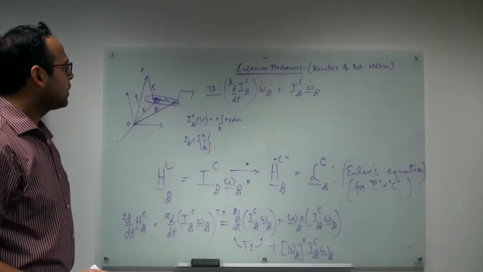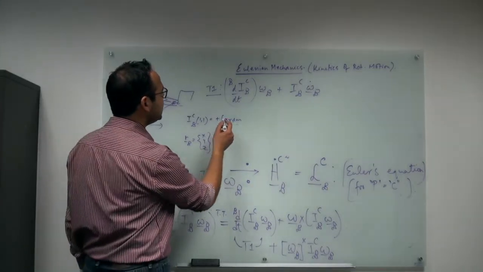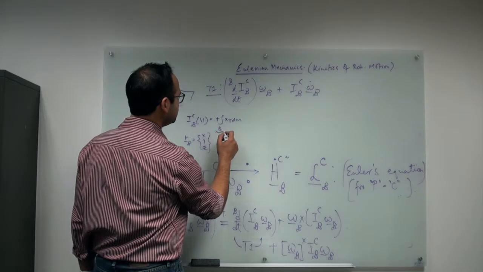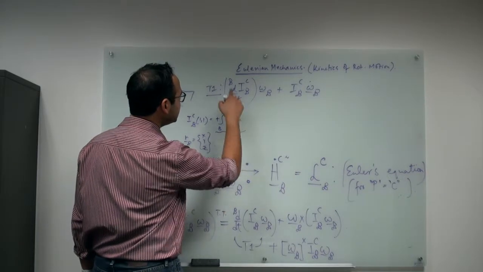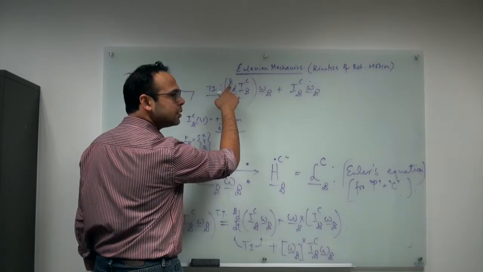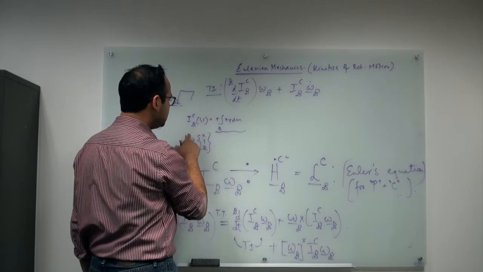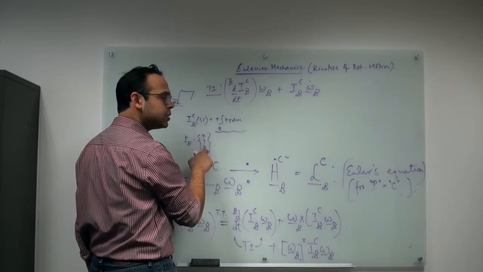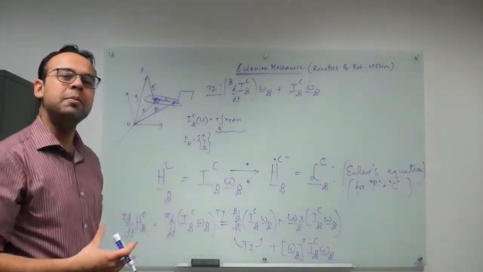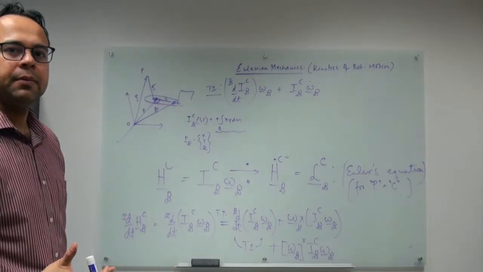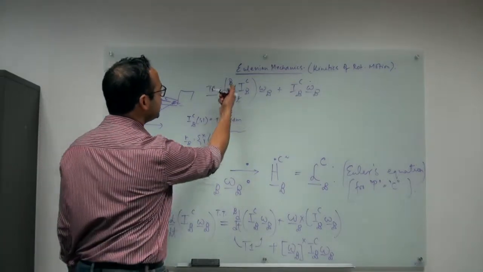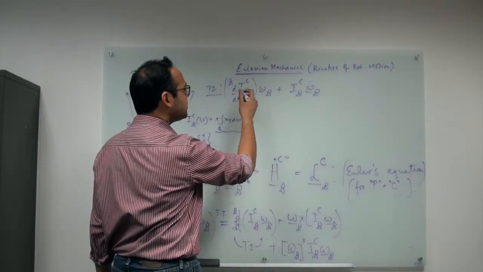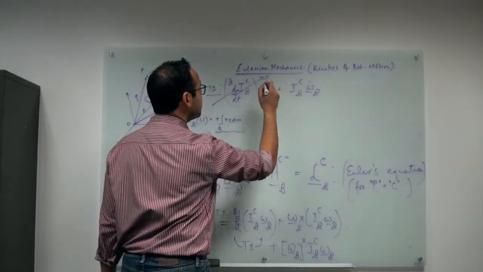If I take the derivative of this term while sitting in the body frame, this vector is not changing, so its body components will not change as seen from the body frame. So this derivative of the inertia matrix measured in the body is going to be 0 for rigid objects.